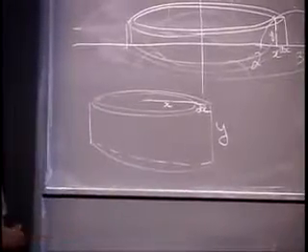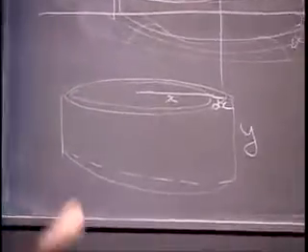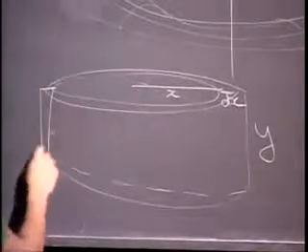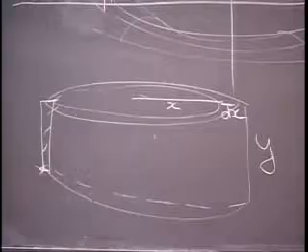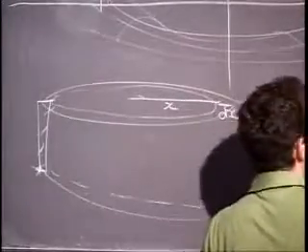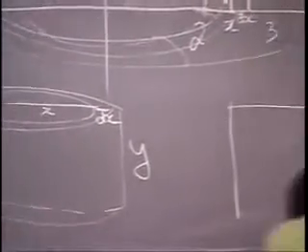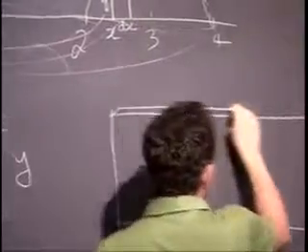So what I want you to do is imagine it's a can, right? So we're going to cut it down here. It's pretty thin, so when we unravel it, we can straighten it out into a big rectangle. It has some thickness.